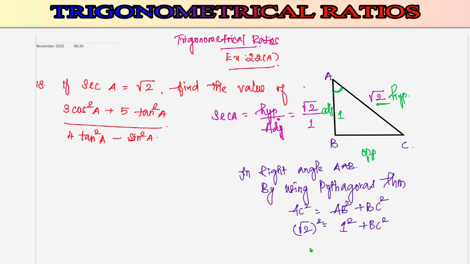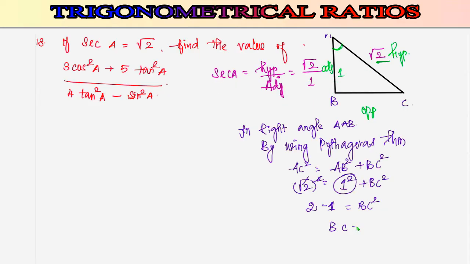So root 2 whole square the value is 2, the square and square root will get cancelled. 1 square the value is 1. So the positive one when you shift to the opposite side it will be minus 1 is equal to BC square. Now finally we got BC is equal to 1. So this value is 1.